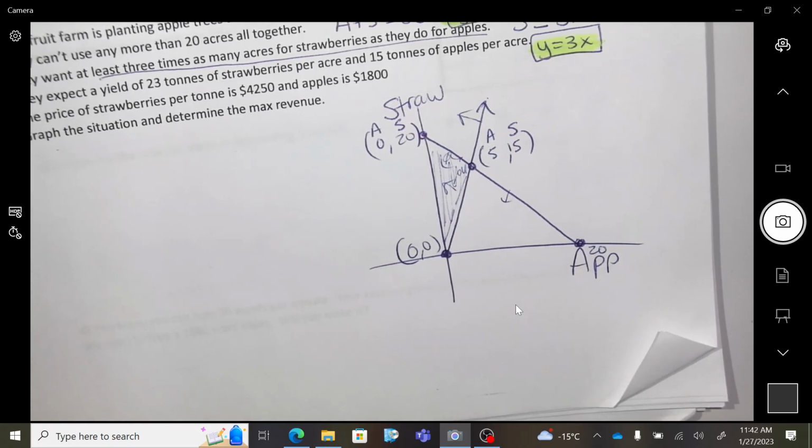Huh? 5 comma 15? No, not 15. Oh, and then I have 15. I have everybody's calculators. What's that? I don't know. 15.